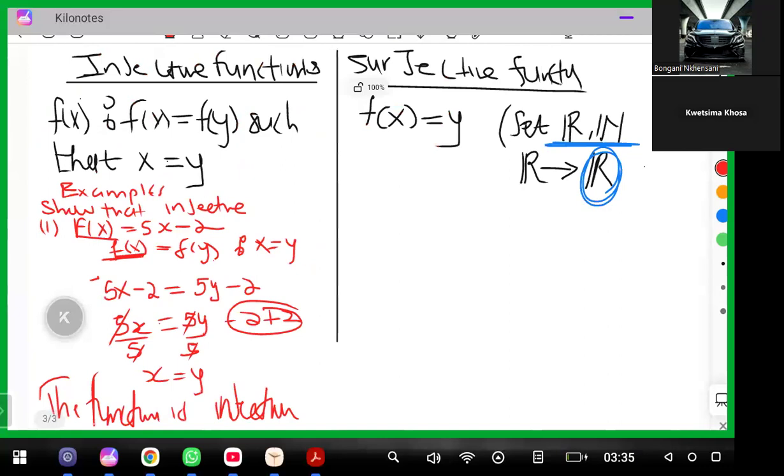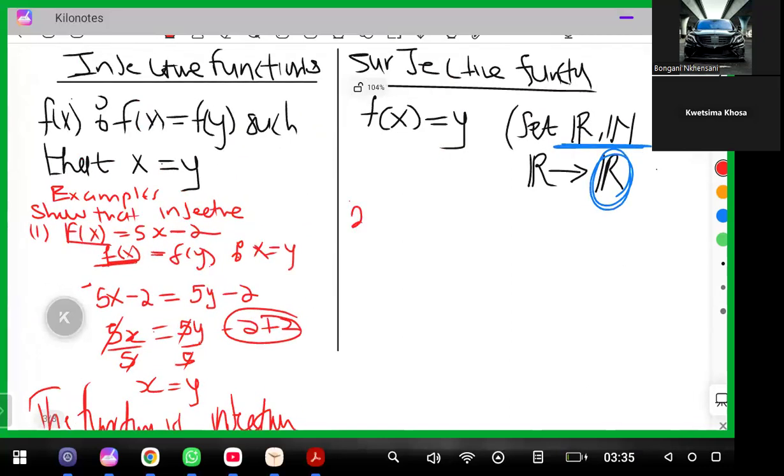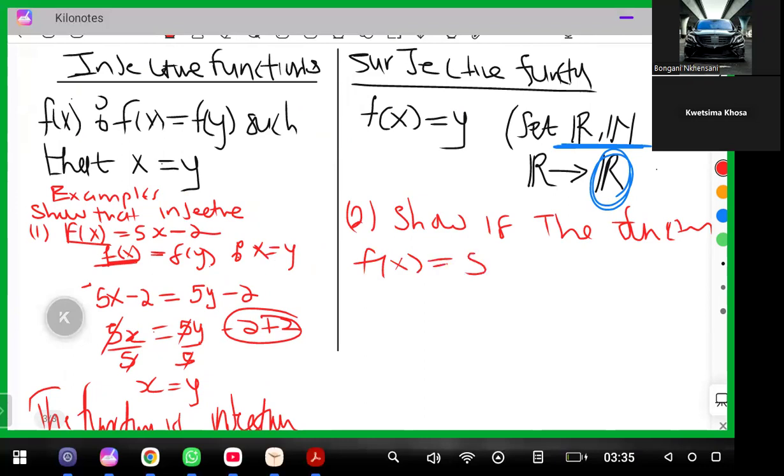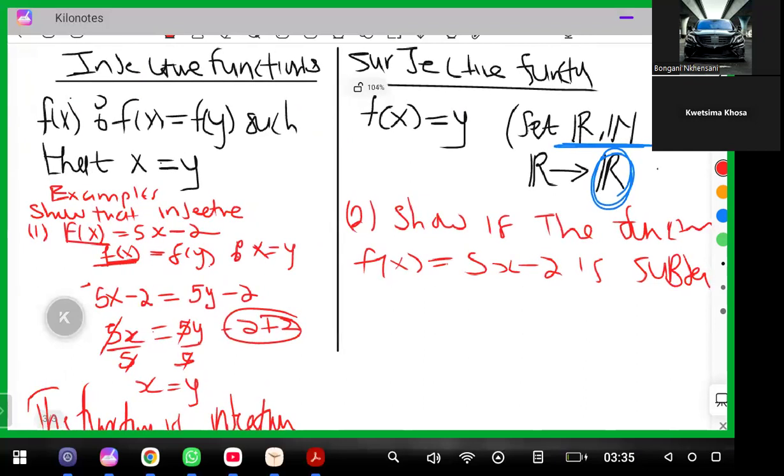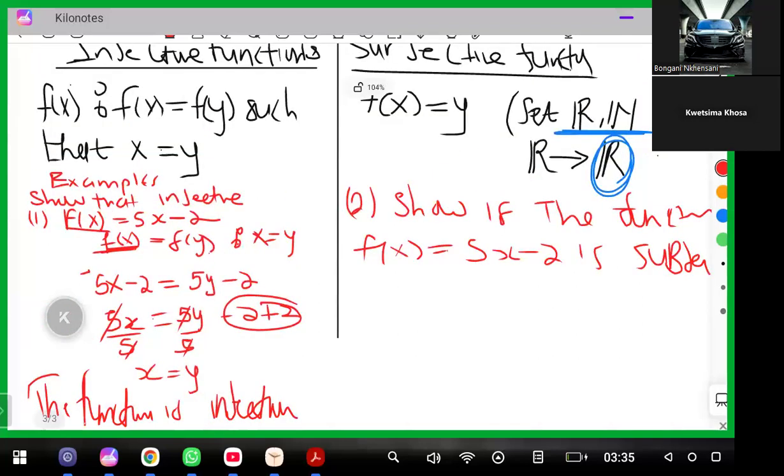So let's say the very same example. Let me write it here. Let's say we show if the function f of x equal to 5x minus 2 is surjective. If they wanted us to check this, we're checking for surjective.